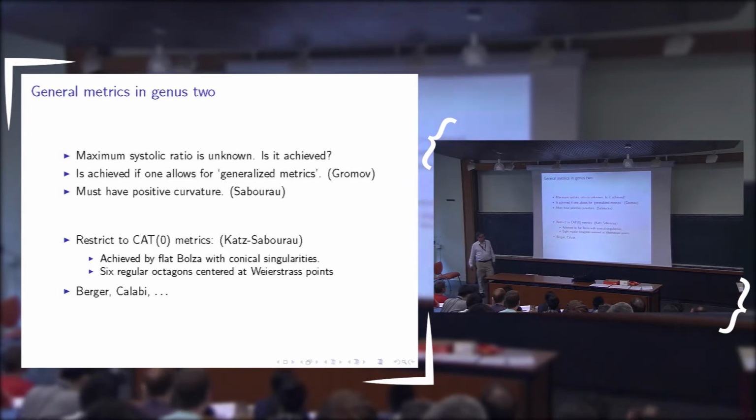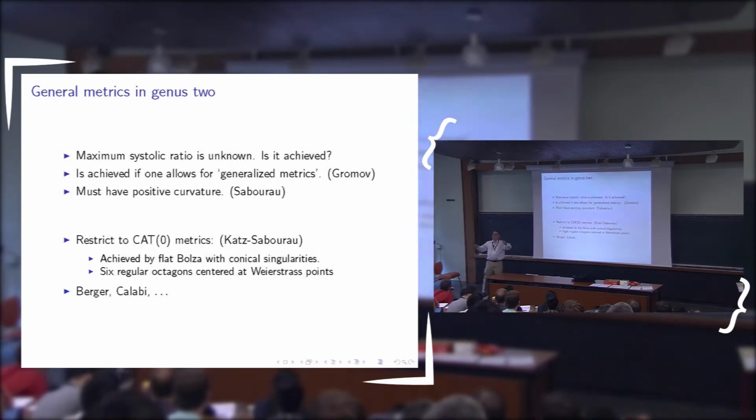It's still in the same conformal class. The Bolza surface really is defined by algebraic equations. And it has a nice picture. There's 8 regular octagons centered at the Weierstrass points. We're in genus 2, so we have 6 Weierstrass points. So that's sort of the picture for general metrics. I just wanted to point this out for context.